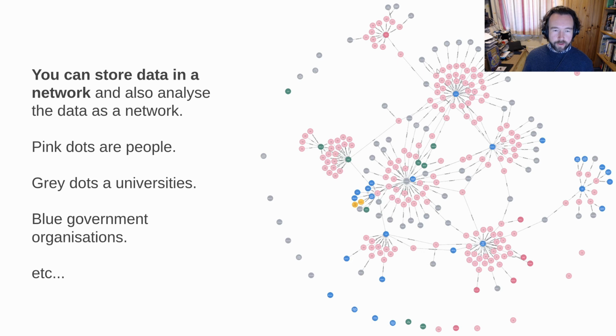This is going to be something that you might be thinking of embedding as organizational practice: you can actually store data in a network and then use it later. So here, pink dots are people, grey dots are universities, blue are government organisations, and this is stored in a structured way using a tool to support it.